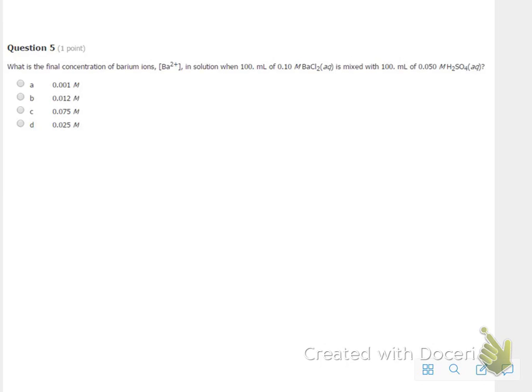Alright, question 5 says, what is the final concentration of barium ions in solution when 100 milliliters of barium chloride is mixed with 100 milliliters of 0.05 molar sulfuric acid? Alright, so let's just make sure we know the balanced equation.